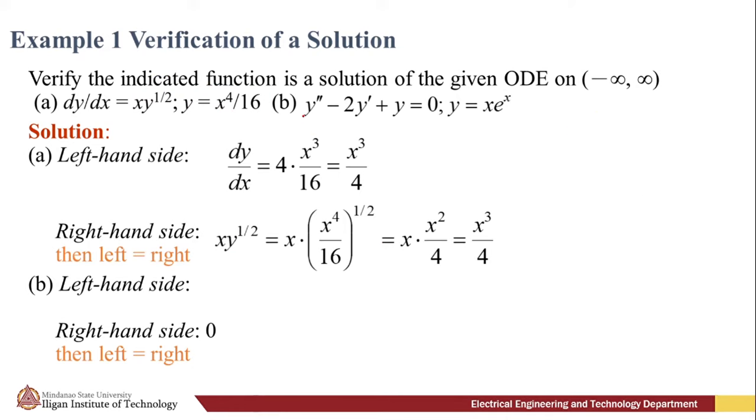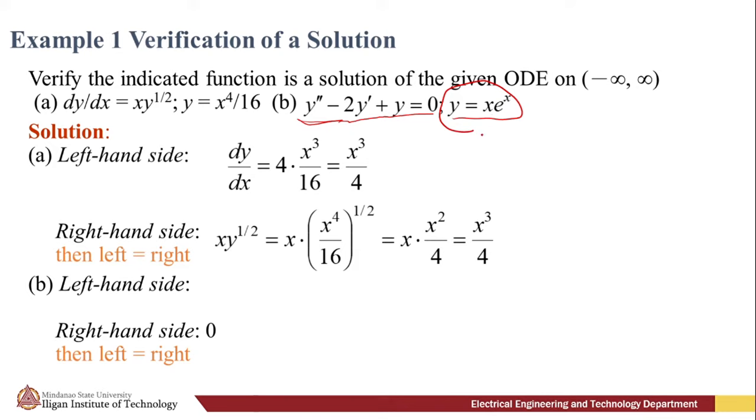So for example letter B, we have y double prime minus 2y prime plus y equals 0. So this is our ordinary differential equation. And the function that we are going to verify if it is a solution is y equals x e raised to x.